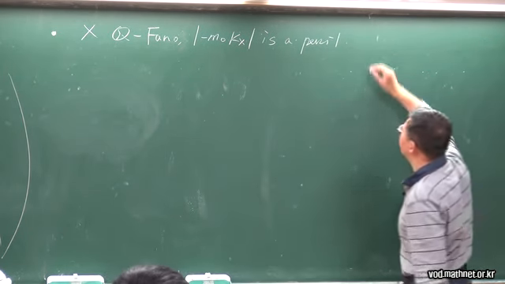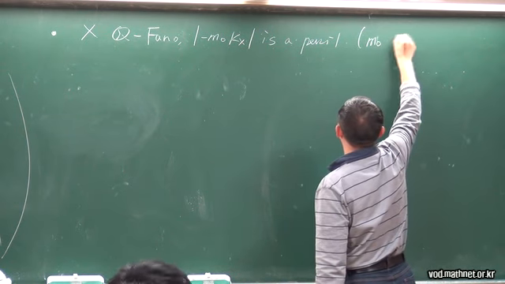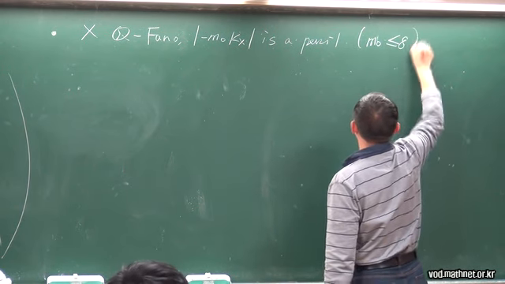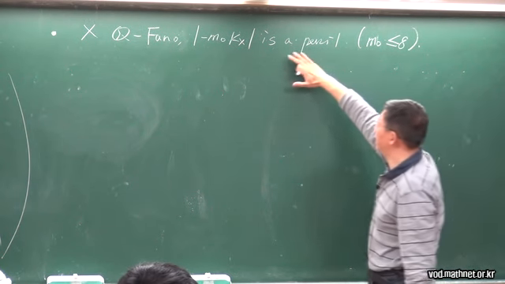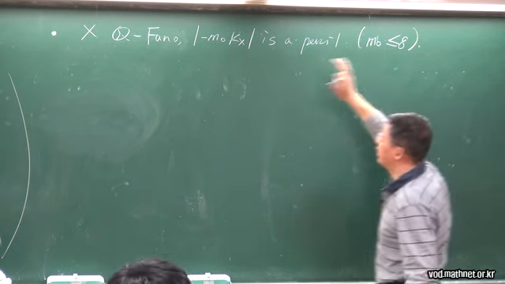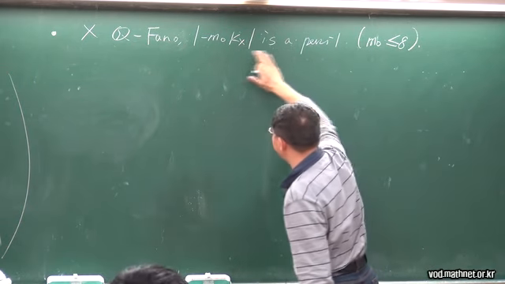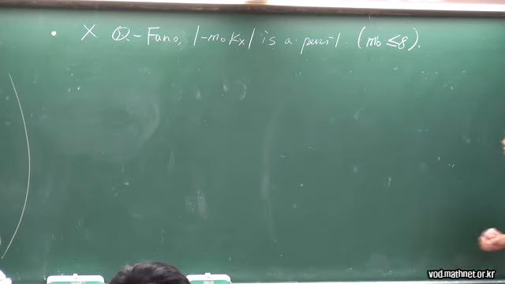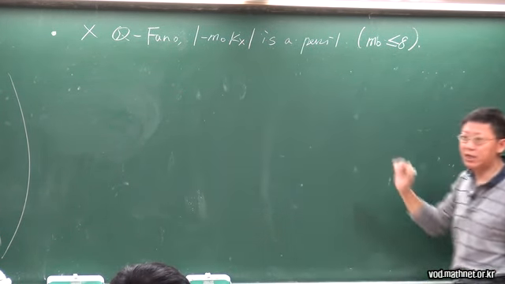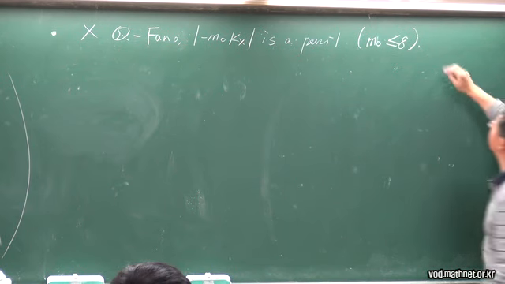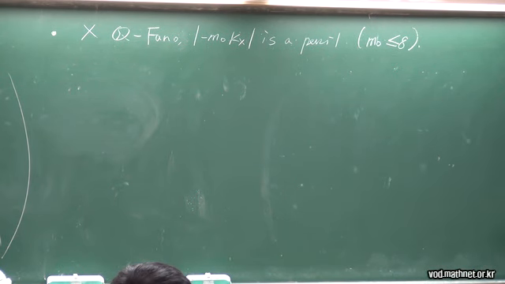Here M naught is smaller than or equal to 8, not very big. Suppose this is already not a pencil, then it's okay. So we can assume this is a pencil. We want to find some M1, slightly larger than M naught, but minus M1 Kx is not a pencil. So what can we do?